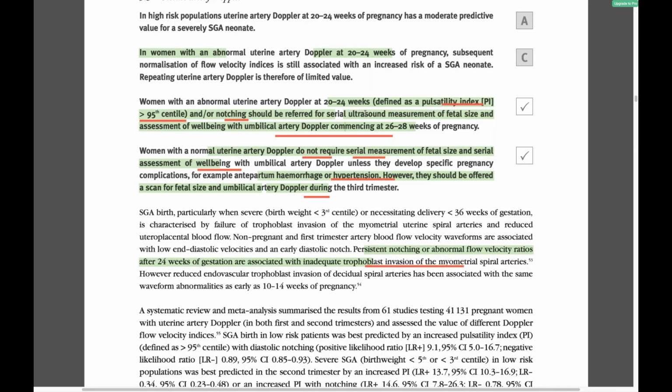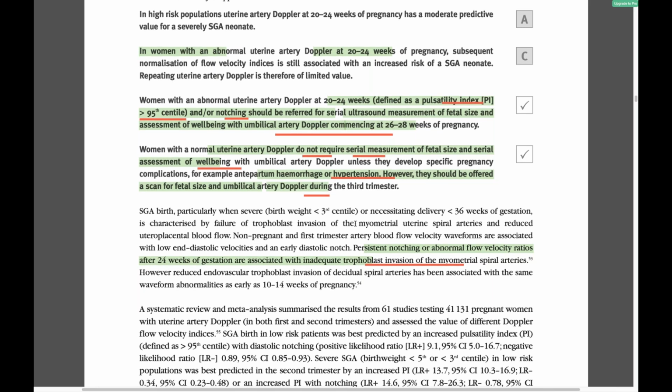So, with abnormal uterine artery, usually what happens in uterine artery, we already know there is a trophoblast invasion. Because of this trophoblast invasion, changes occur in the uterine artery Doppler.